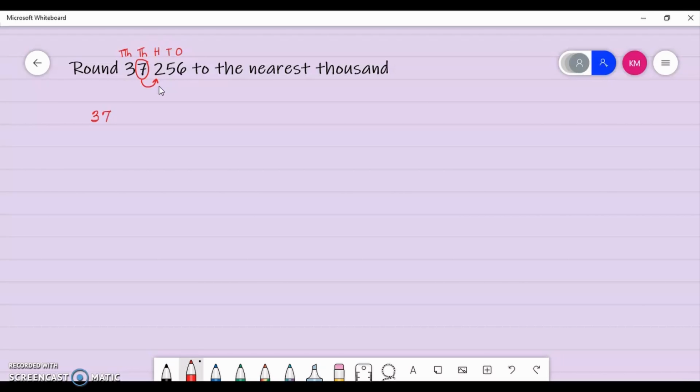I leave the 7 as it is and I replace the remainder of digits after it with zeros. There are 3 digits after, so I replace it with 3 zeros. So our answer, 37,000. And that is when we round 37,256 to the nearest thousand.